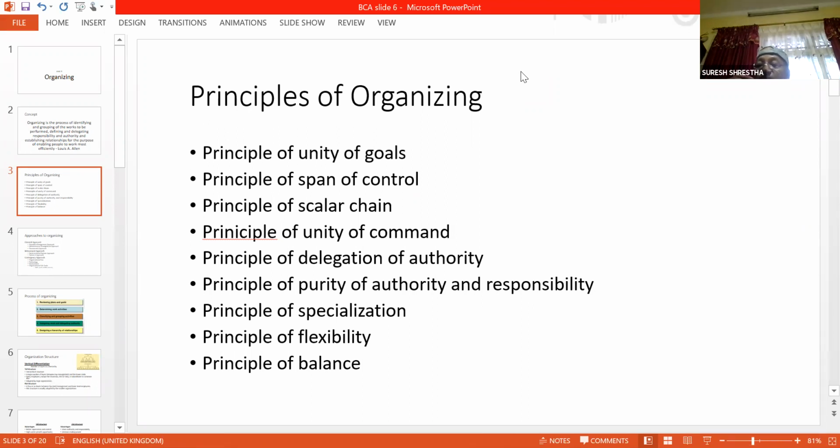And then you also define the relationship among those groups or among those works. That is called organizing.